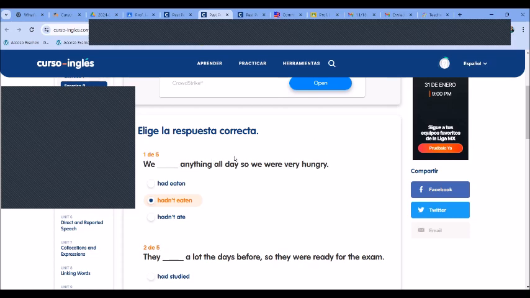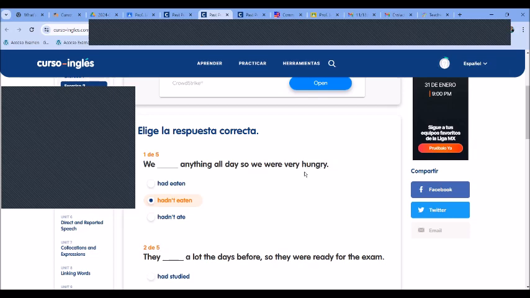All right, so notice the context in your sentence as well. Si comiste, pues no vas a tener. Pero si no has comido, sí vas a tener mucha hambre. So it's going to be the negative form. We hadn't eaten anything all day, so we were very hungry.